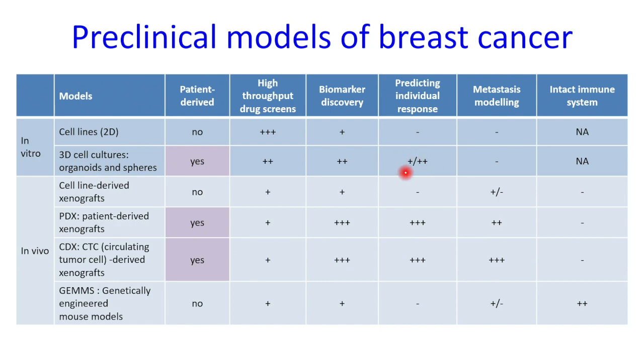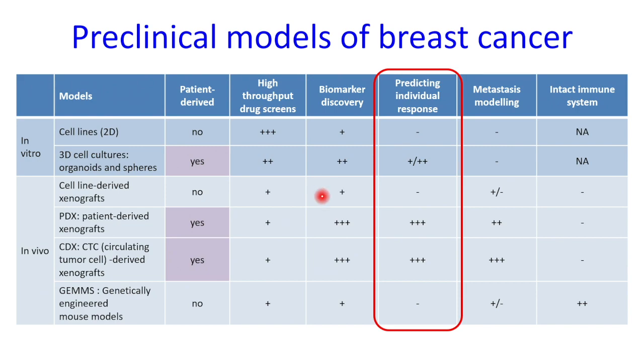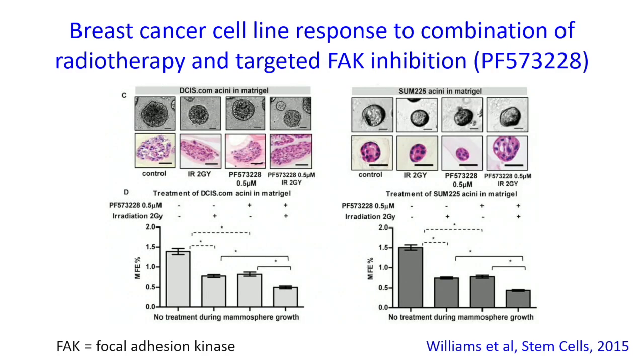For that, you need patient-derived 3D cultures, and in particular, these patient-derived in vivo tumors. And in those in vivo models, obviously, you also have this opportunity to do metastasis modeling, but it's only really with the syngeneic mouse models that you can look at an intact immune system, since when you put patient tumors into a mouse, they have to be immune-deficient mice.